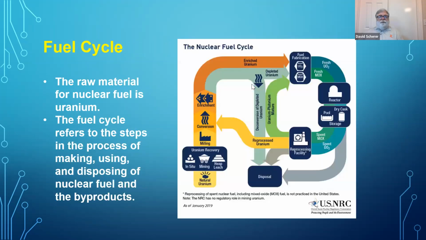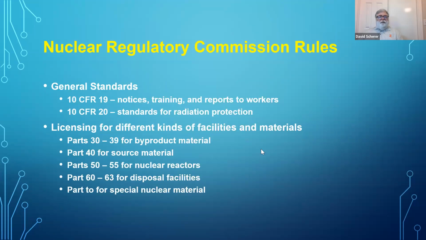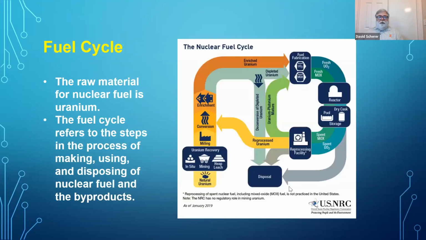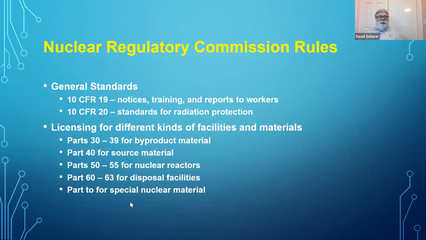If we go back and look at the fuel cycle, part 40 is this part down here where we're dealing with source material. Now we're up into the 50s, where we're talking about operation of the nuclear power plant. 60 through 63 is the disposal part: high level waste, low level waste, etc. There are other parts that deal with licensing for the gaseous diffusion plants, etc. They're in the 70s.